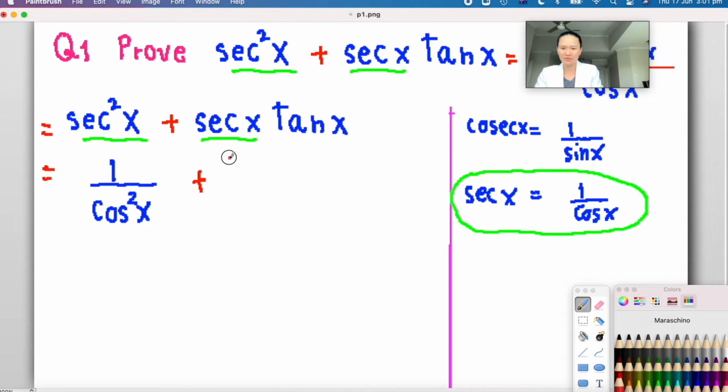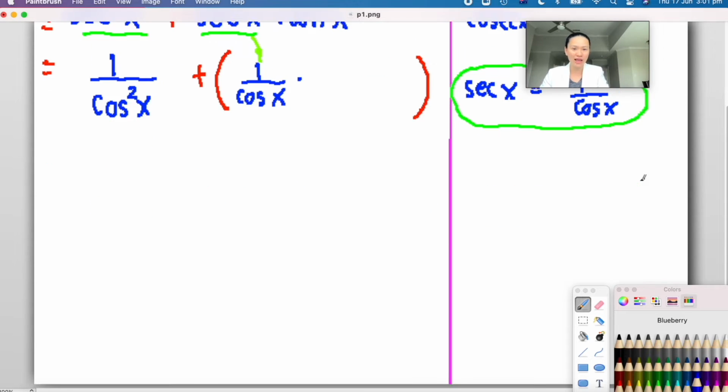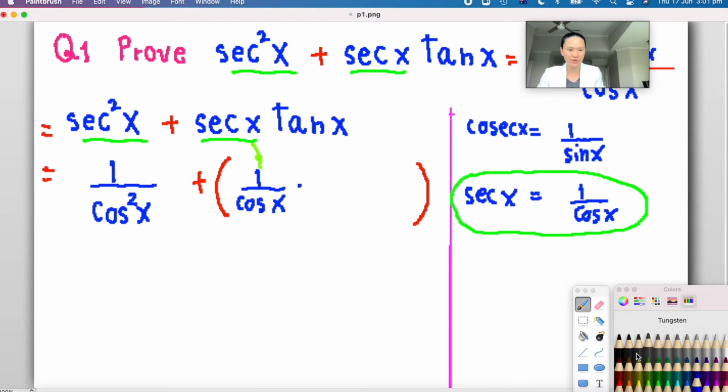So I would like to put a bracket here super quick. Sec x here equals 1 over cos x. Okay, I write down here 1 divided by cos x and times tan x. We just learned another formula. Do you remember this one? Okay, I'm going to apply this rule here. So another one about tan.